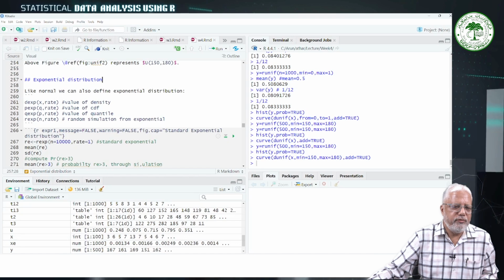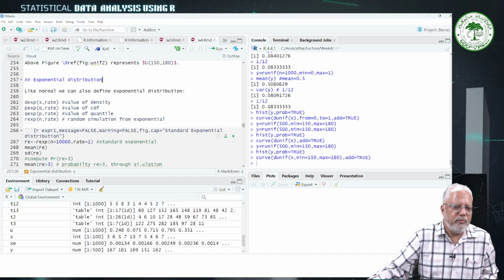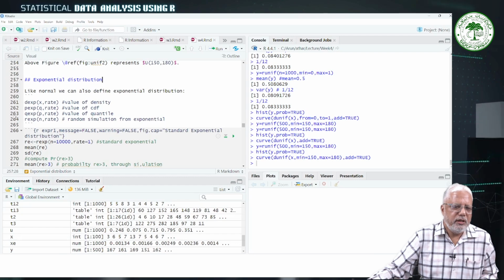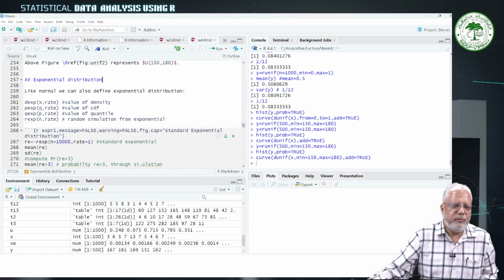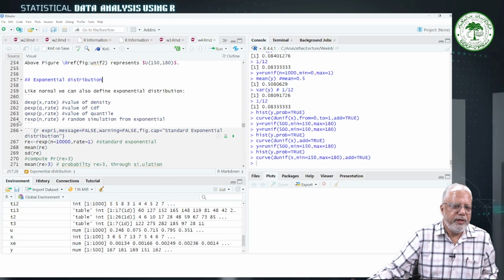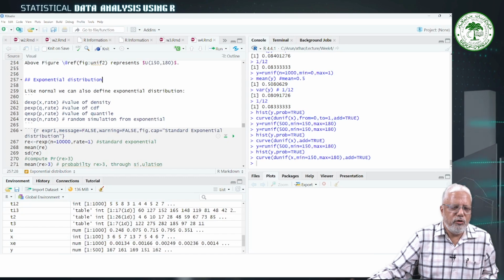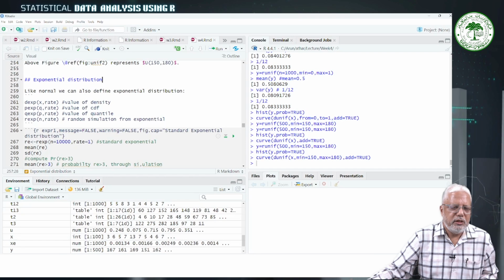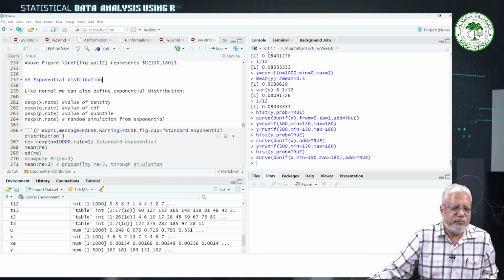Instead of dnorm, we have dexp(x, rate), the value of the density. Then pexp(q, rate), the value of the CDF. Then qexp(p, rate), the value of the quantile, and rexp(n, rate), random simulation from exponential distribution.